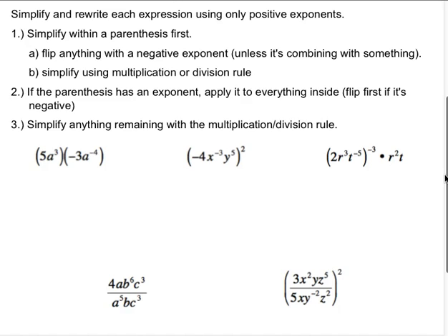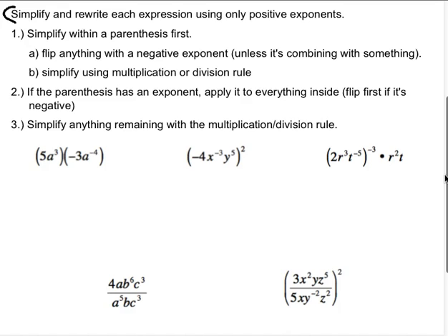I may not talk through each step as I do it, but it's a reference point if you ever get stuck in the middle of an example, so you can see what I was doing at that point. If you always do this step-by-step process, it'll always get you to the answer when you're simplifying expressions using rules of exponents.